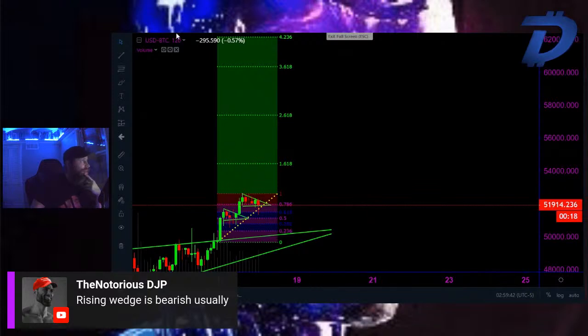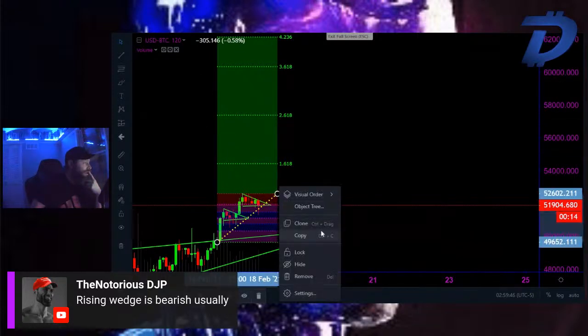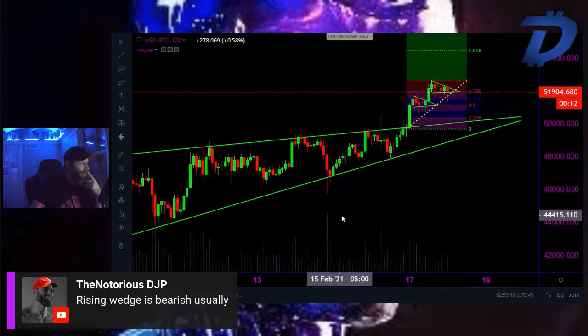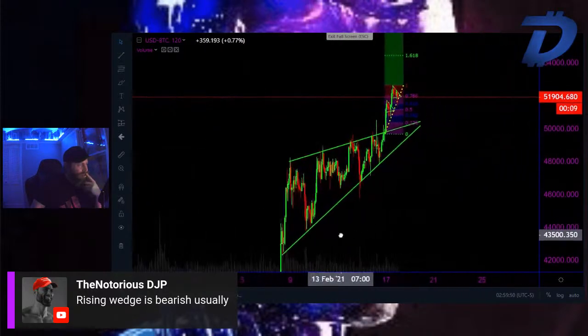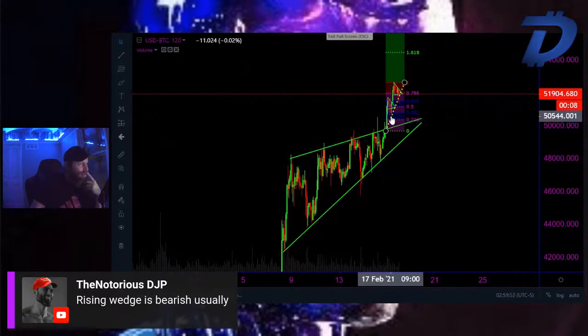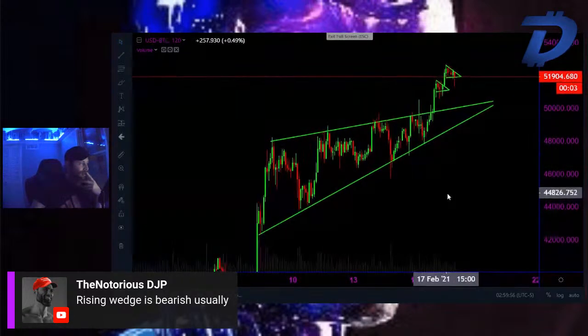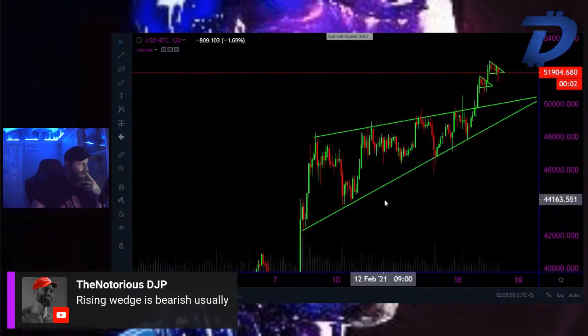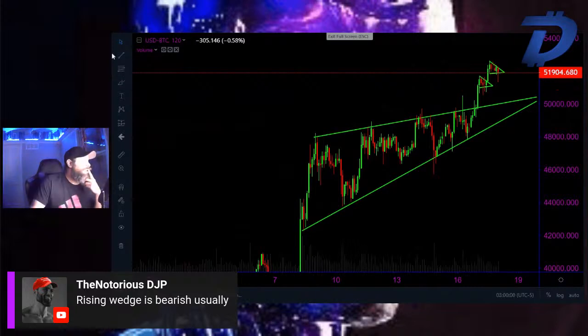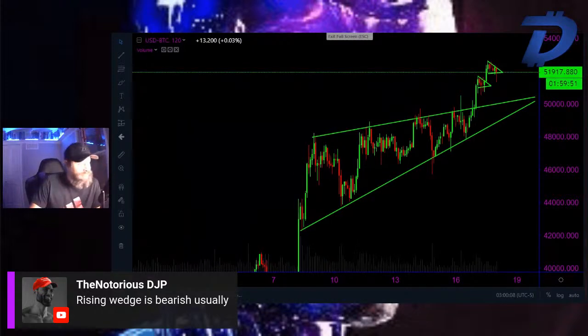Yep. All right, guys. Well, let's just take this off. But I mean, does that make sense? Isn't this a rising wedge, and it broke out? I know Bitcoin's abnormal, but still, that is a rising wedge, right? They usually break down to the downside. Yeah, it's like 63% to the downside.